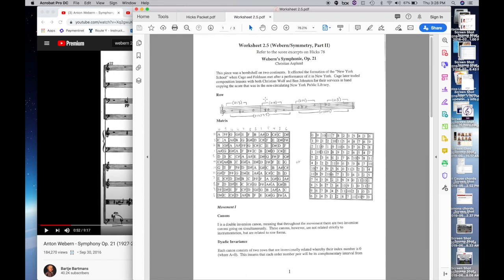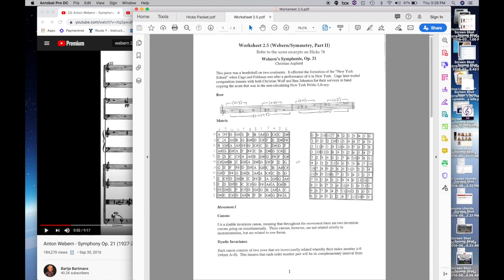But again, I usually do not call it derived unless it's built out of the same trichord or the same tetrachord. But one thing that we start to notice is that the second hexachord is the retrograde of the first hexachord transposed by a tritone. In other words, this second hexachord is the R6 of this hexachord.